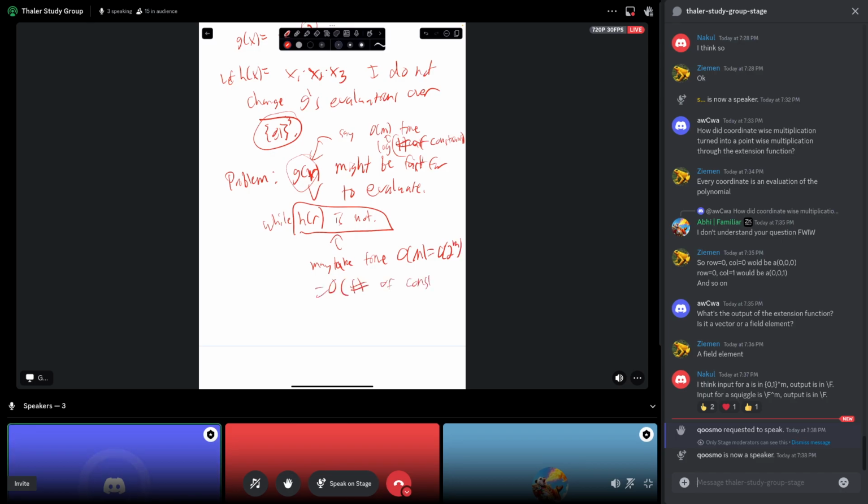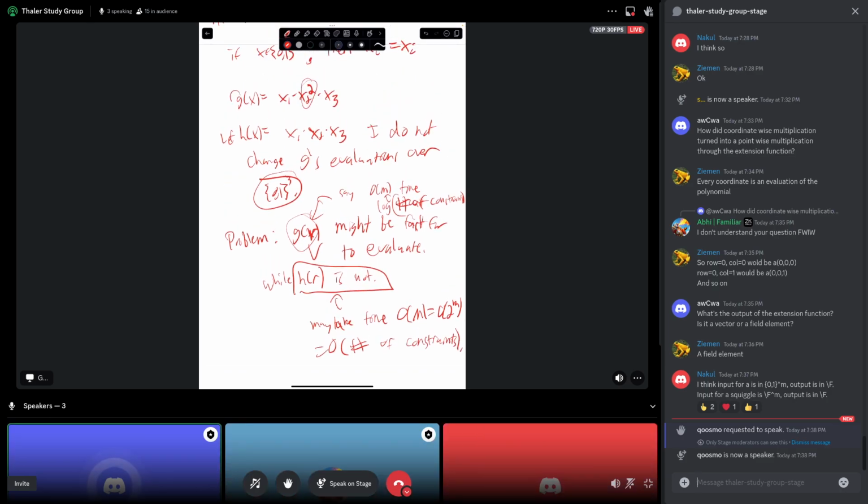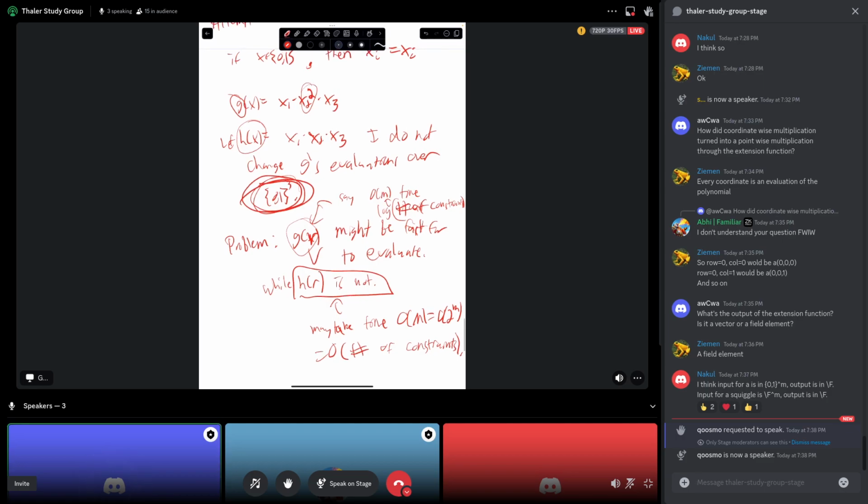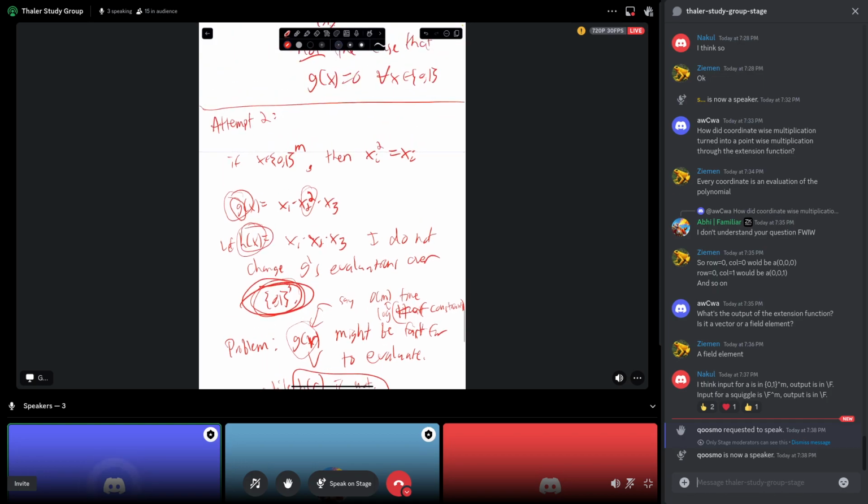So there might be an exponential difference in verifier time if you just replace G, which has degree, say, 2 in each variable, with the multilinear thing that agrees with G at each point in the Boolean hypercube. So it's a great suggestion, and the relationship between these two is exactly how we are going to proceed in attempt 2.